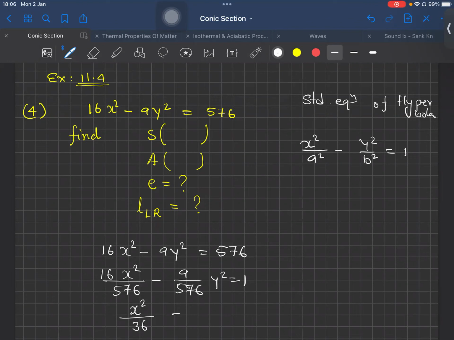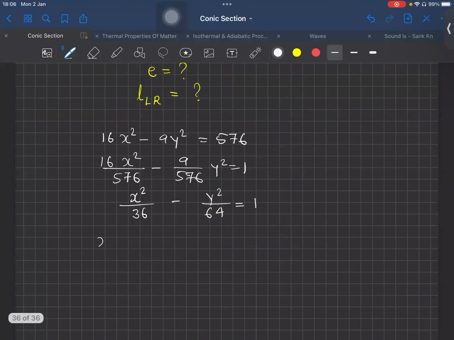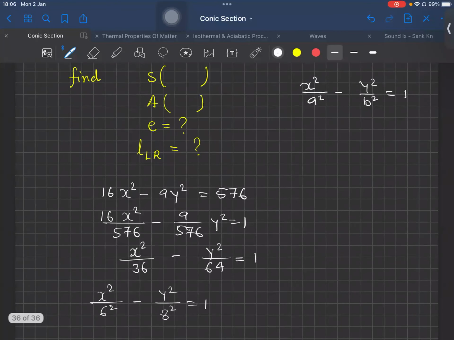Yes, sir. That's what I was writing. So x square upon 36 minus y square upon 64 is equal to 1. That means we can write x square upon 6 square minus y square upon 8 square is equal to 1.